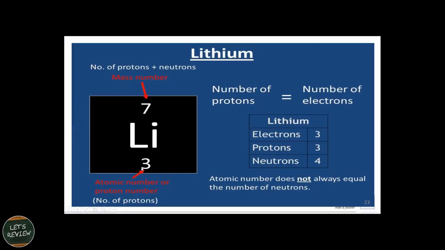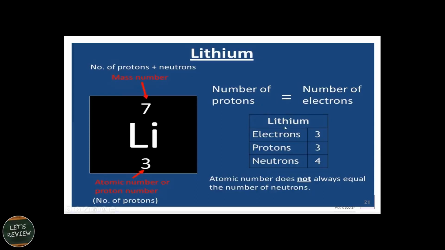Here is the atomic number depending on the table of elements you're using. Lithium has atomic number 3, meaning it has 3 protons and 3 electrons. Then the mass number is 7. How are we going to get the mass number? You have to add the number of protons to the number of neutrons located inside the lithium.